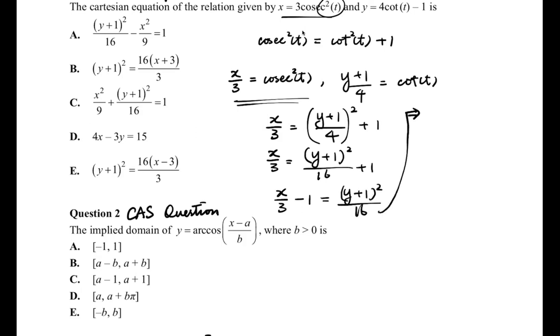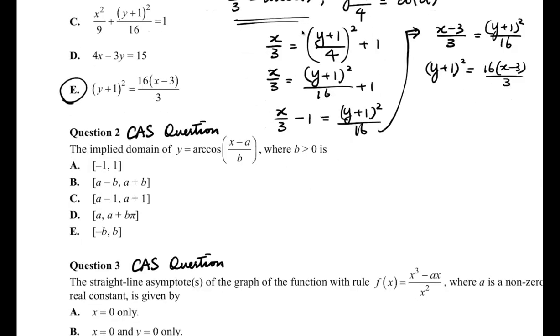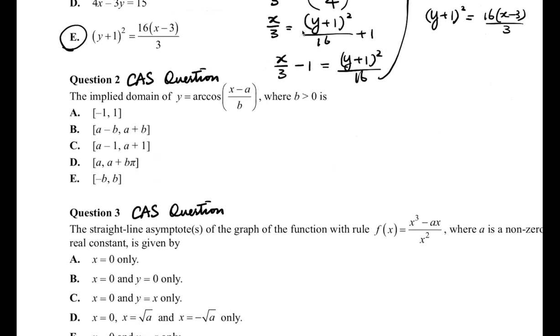So you should get x minus 3 on 3 by taking the common denominator, and the right-hand side is y plus 1 squared over 16. And therefore, y plus 1 squared as your subject on the left-hand side will be 16 bracket x minus 3 on 3 by multiplying both sides by 16, okay? Choose E.